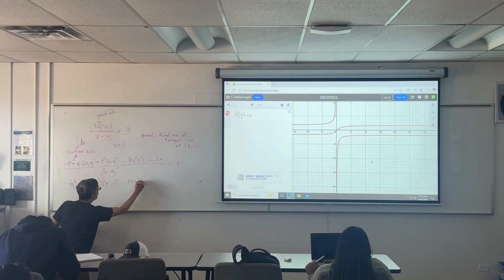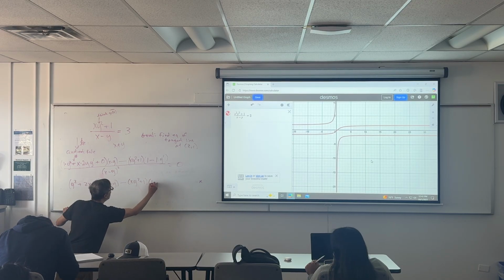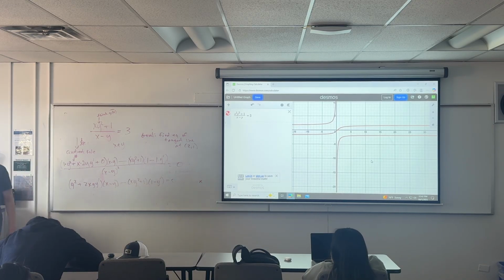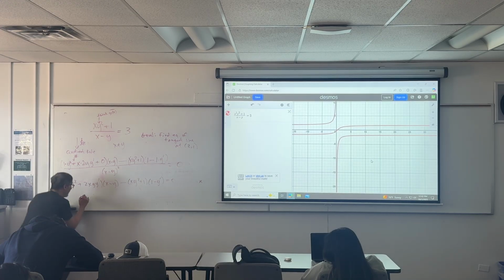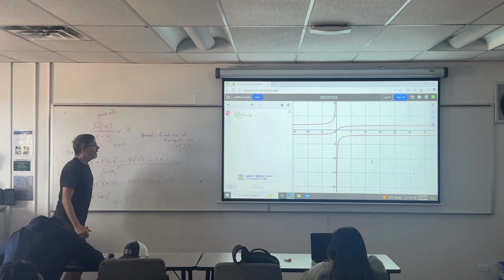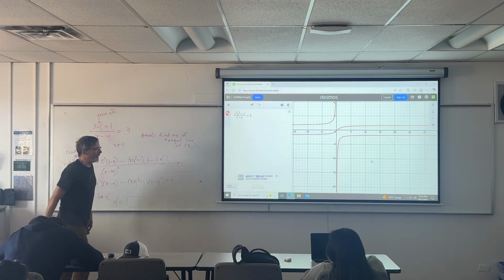It's not crud, it's really pretty. I shouldn't have called it crud. Y prime equals 0. I've got to solve for y prime in terms of everything else. So now solve for y prime. So you're going to get y prime equals everything else on the other side. I wish I hadn't restricted myself to this.